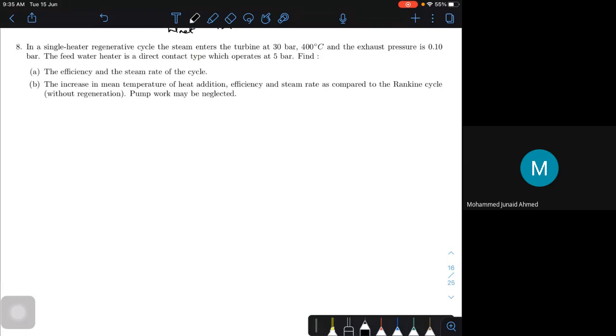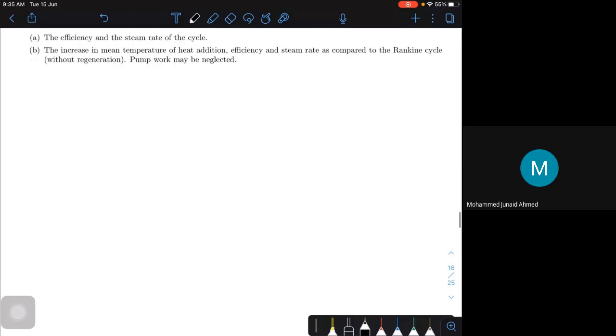That's why I took this problem. Let's write the data that is given and draw the schematic so it will be easy for you to understand. It's a simple schematic. Let's have a boiler here.